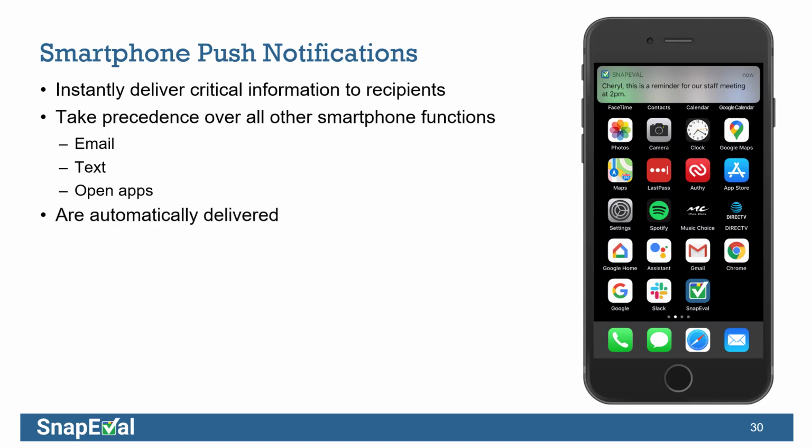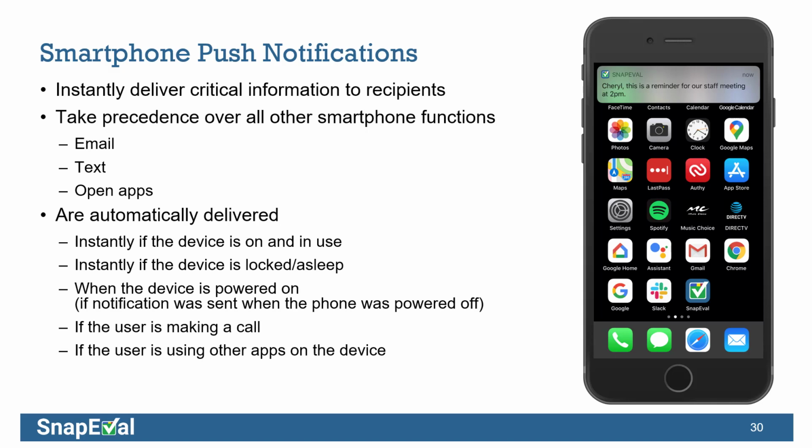They're automatically delivered, as I said, whether the device is on or off, if the device is asleep, if the device is in use, if the device was powered off when the push notification was sent. The minute you turn it on, you will see those push notifications. If you're making a call, even if you're using another app on the device, you're going to see that push notification on your smartphone. The nice part is they're completely free of charge to the sender.